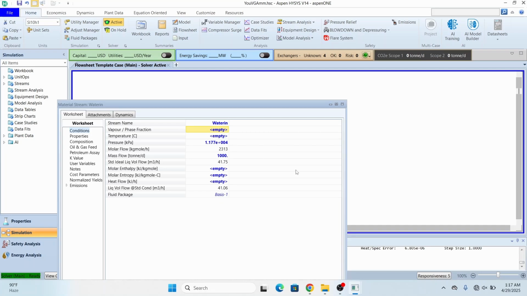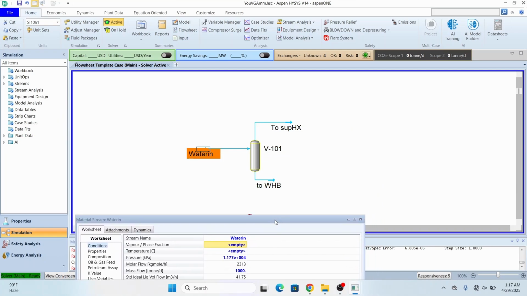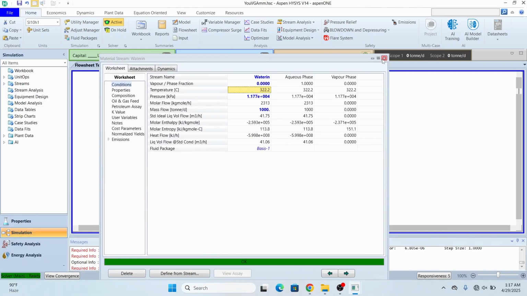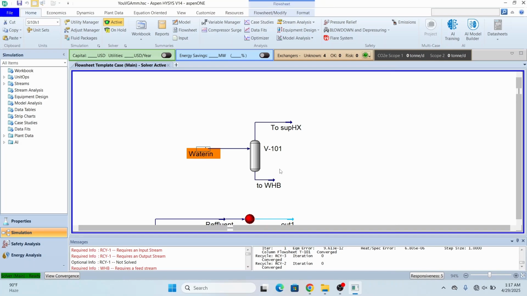If I use an economizer, then I will add the sensible heat over here. But in this scope, I only want to add the latent heat in the waste heat boiler. So I will enter 0 over here, and you can see that this stream has been solved.